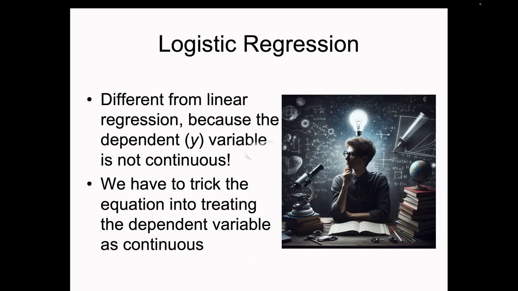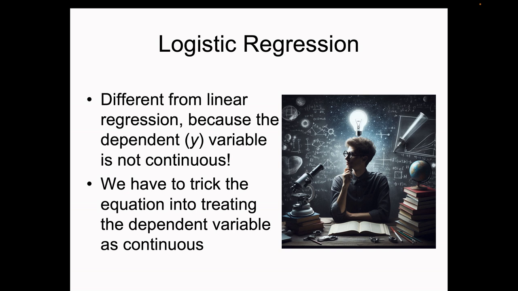Logistic regression is different from the normal linear regression that you'd be more used to seeing on a graph, because with logistic regression, the dependent variable is not continuous, it's categorical. Species is either present or not present. So we have to trick, and that's why, to help you remember, I have this devious Mr. Burns here, we have to trick the equation into treating the dependent variable as continuous.